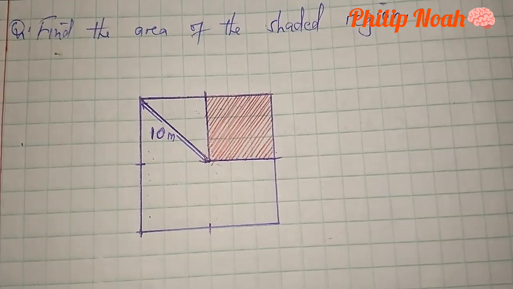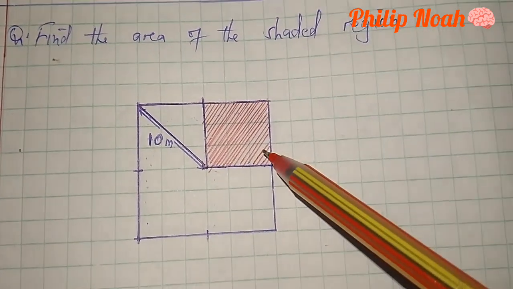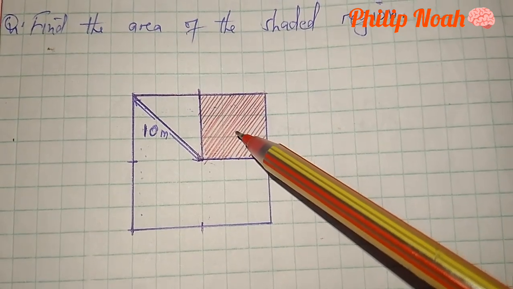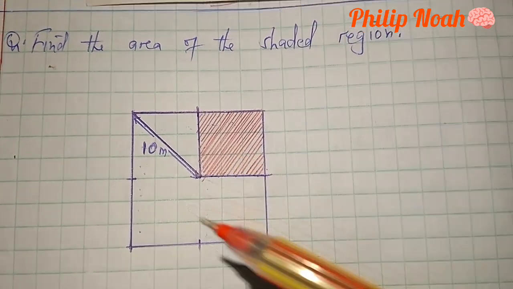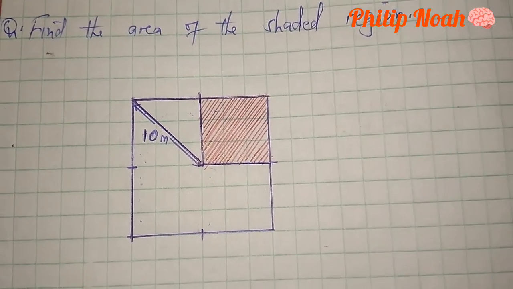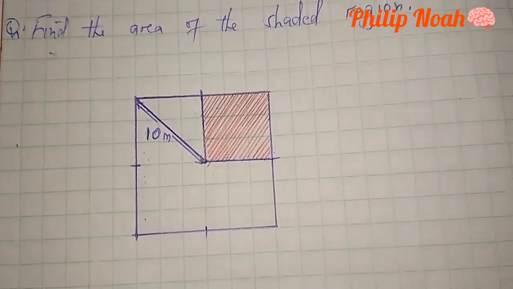So for us to find the area of this shaded region, there are two methods that we can use. Let's start with the first method, method 1.